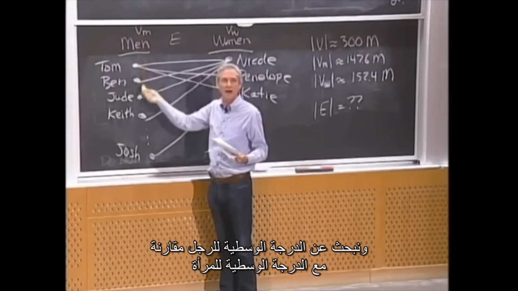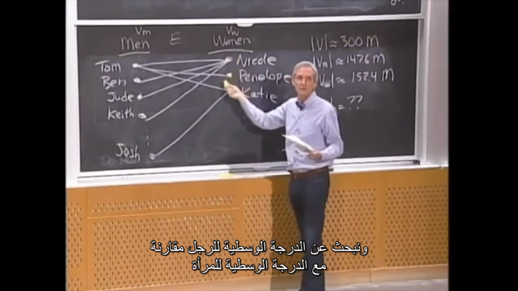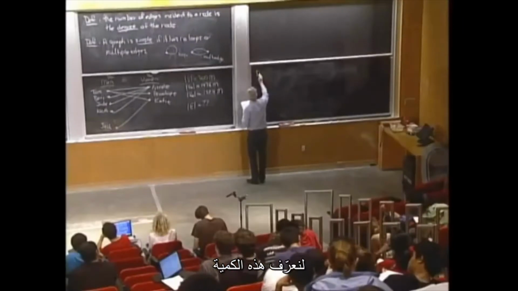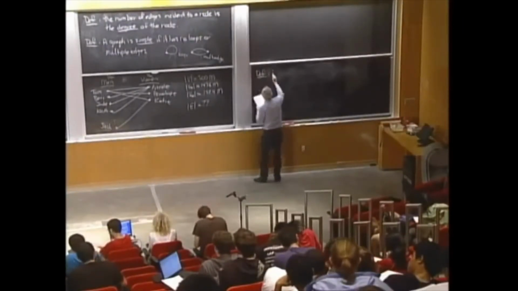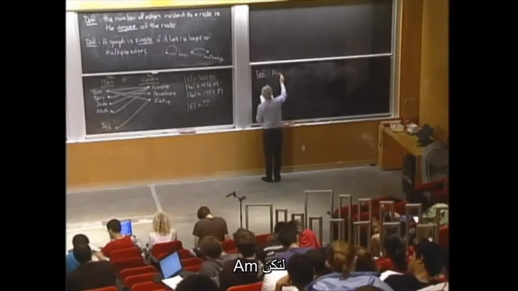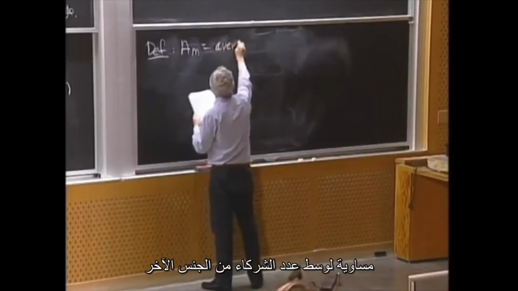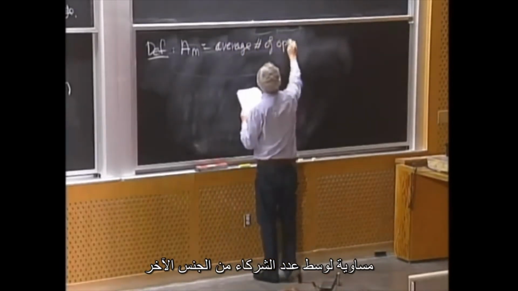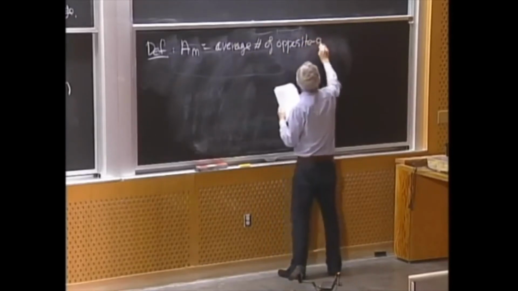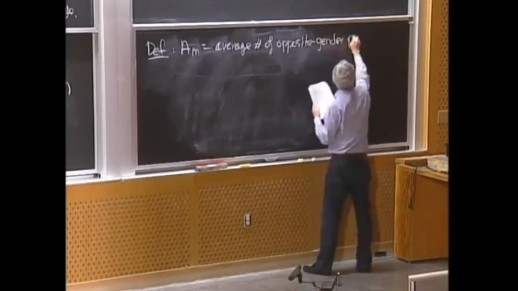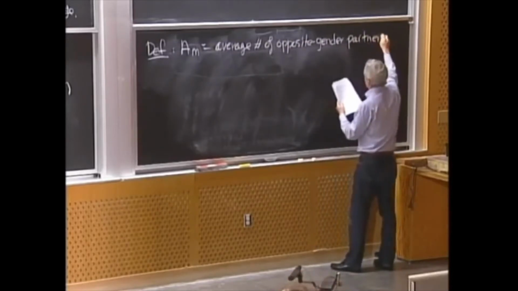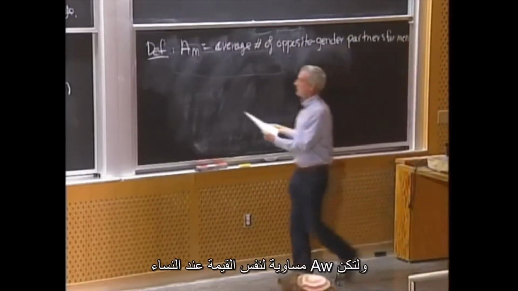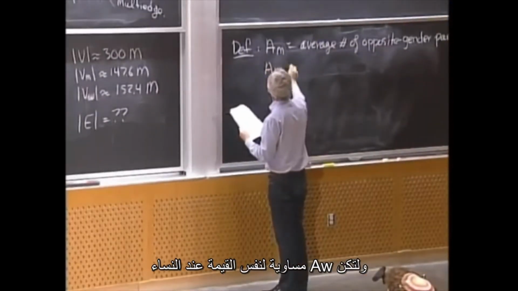And you're looking for the average guy degree compared to the average female degree here. That's what we're after. All right, so let's define that quantity. Let's let Am equal the average number of opposite gender partners for men. And we can let Aw be the same thing for women.